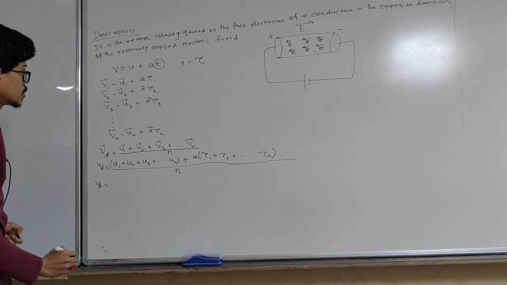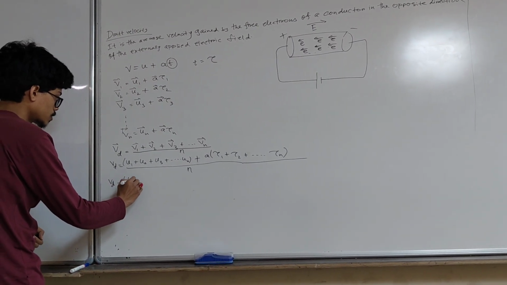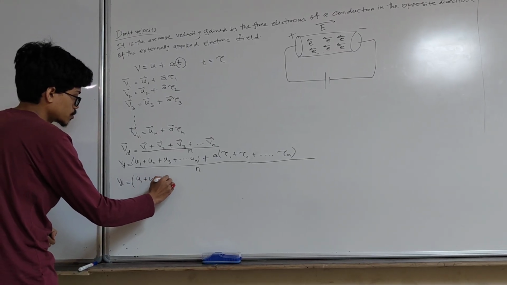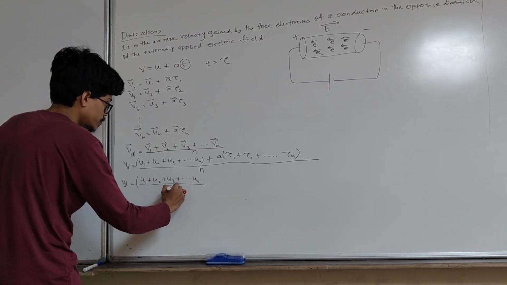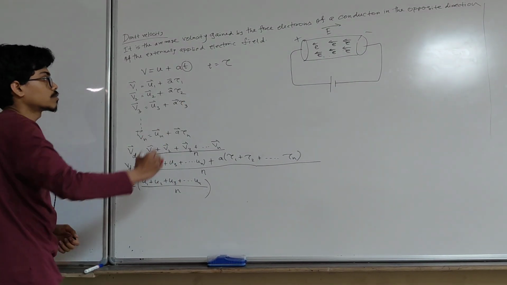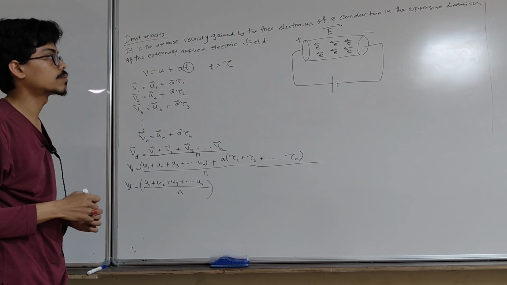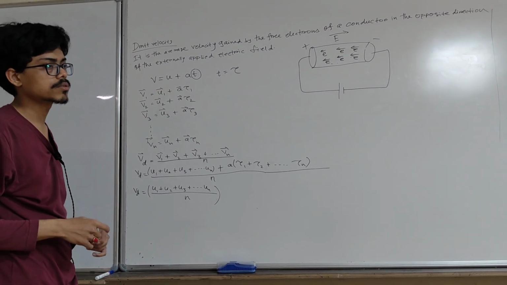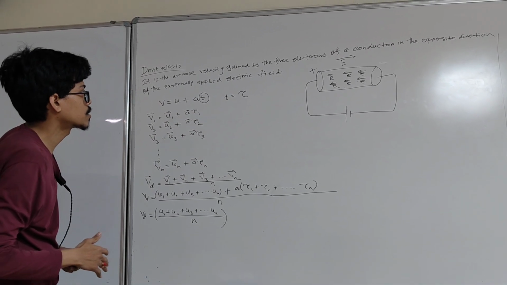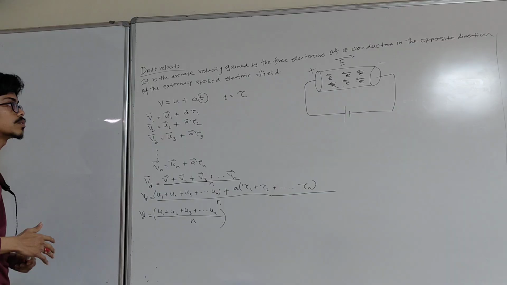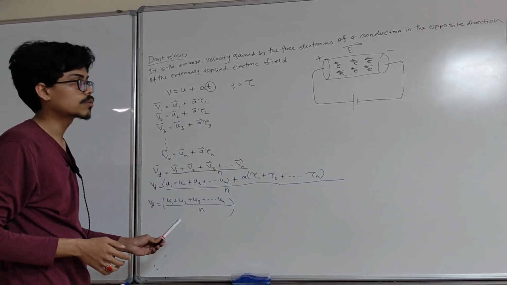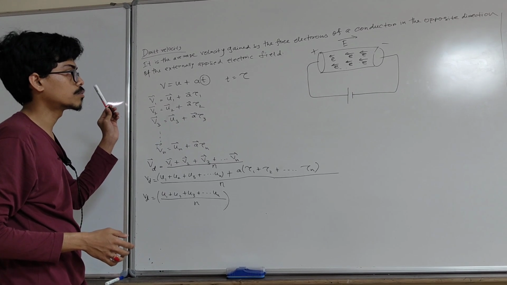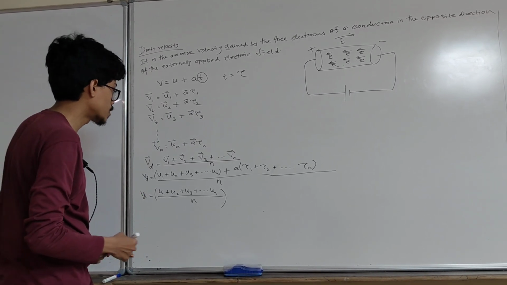Further arranging it, here we can see one thing: u1 plus u2 plus u3. These are the initial velocities of the electrons, which you can say are the thermal velocities of the electrons. As I said previously, the total net thermal velocity becomes zero, as they have no influence of an external electric field.